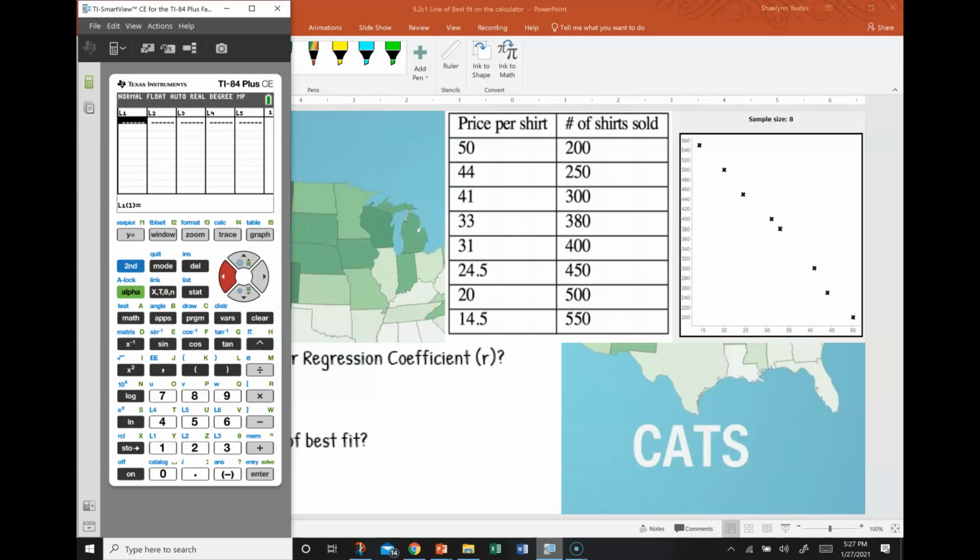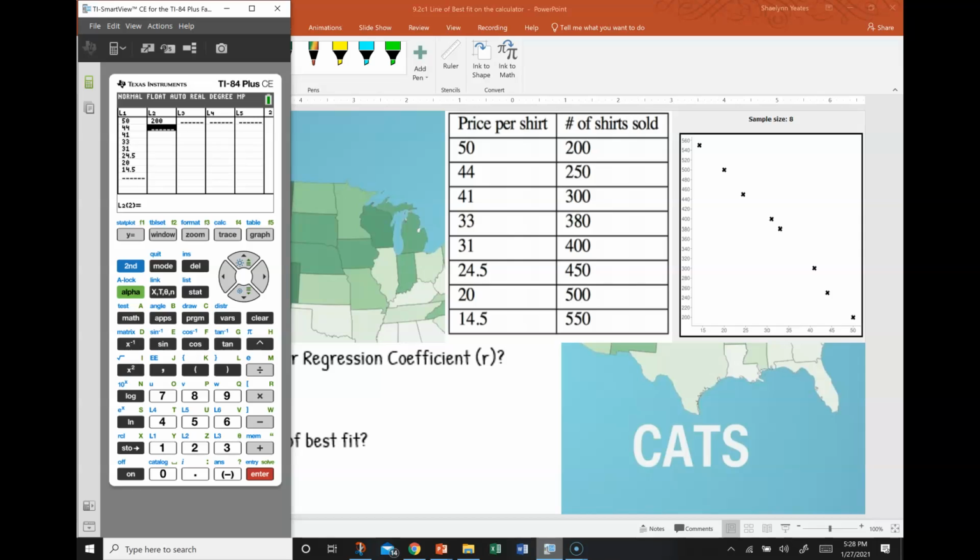In L1, I'm going to put all of the prices of a shirt: 50, 44, 41, 33, 31, 24.5, 20, and 14.5. Okay, now over here I need to make sure they match up.